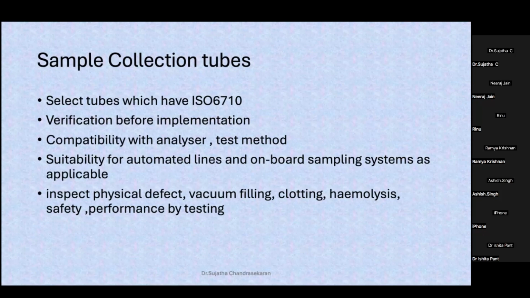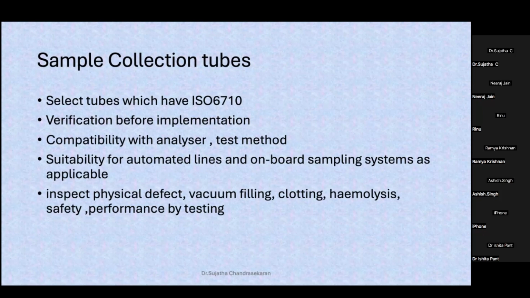How does one verify? The tubes that are validated extensively and approved as IVD devices generally have what is called a white paper, which gives the details of the validation. What are all the analytes they were validated for, what was the value that was obtained, and how it was approved.